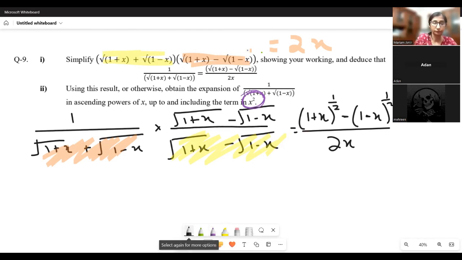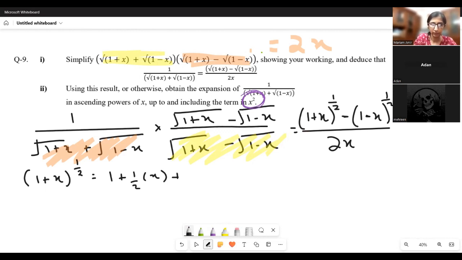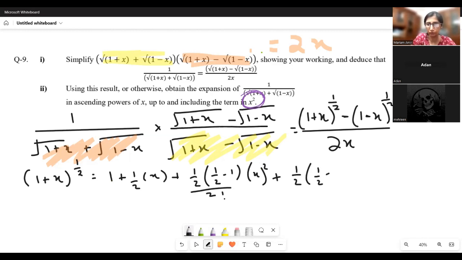So let's do that. (1 plus x) to the power half is 1 plus half times x plus (half times (half minus 1) upon 2 factorial) times x squared, and another one, half times (half minus 1) times (half minus 2) upon 3 factorial, times x cubed.